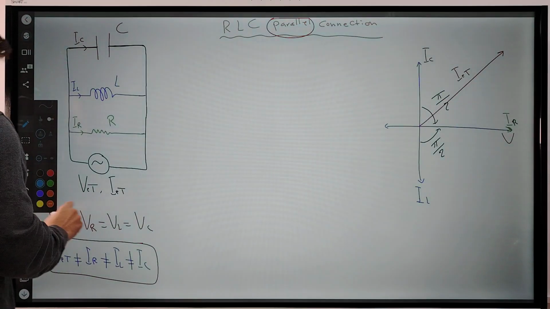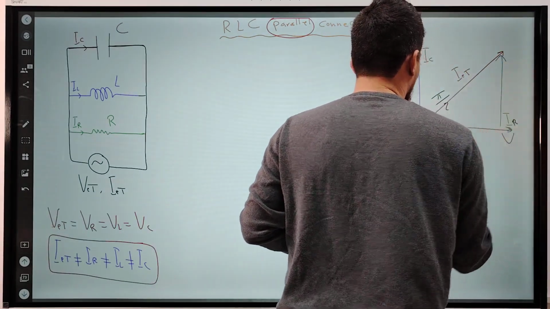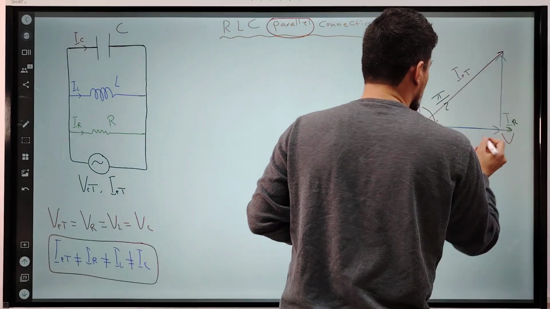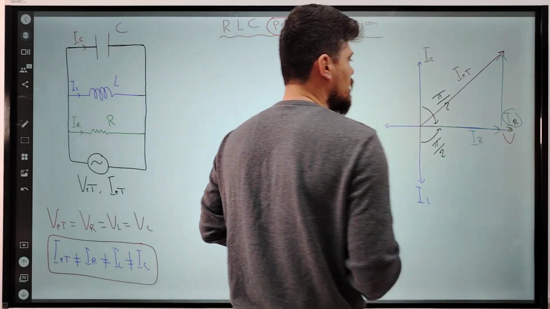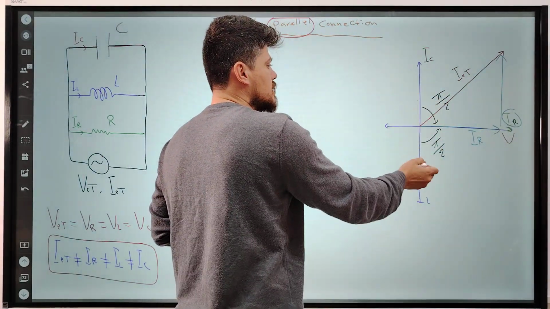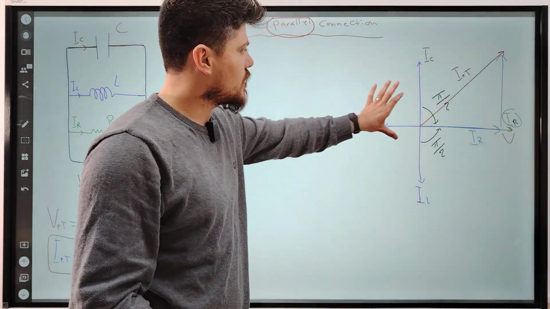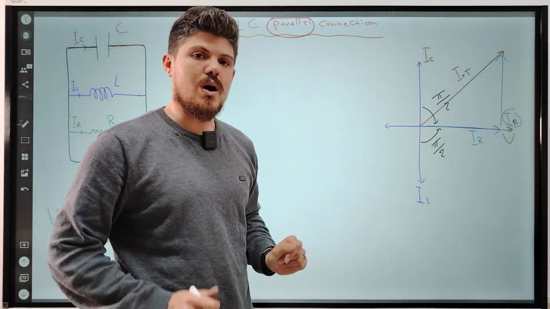This is opposite, and this is adjacent. What we have in the adjacent? We have IR, the current across the resistance. In the opposite, what we have? Because in the opposite side, we have two vectors in opposite direction. IC is opposite to IL.